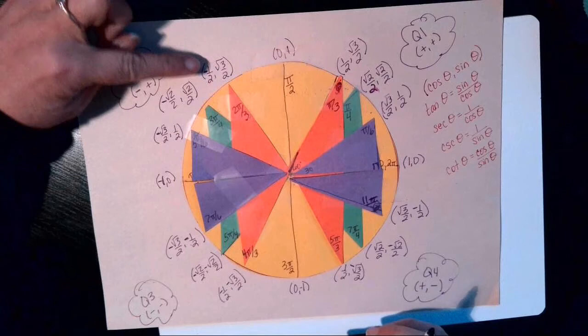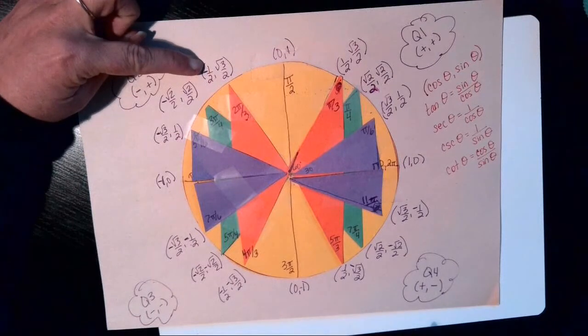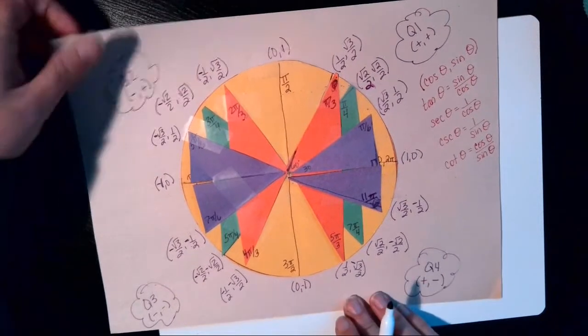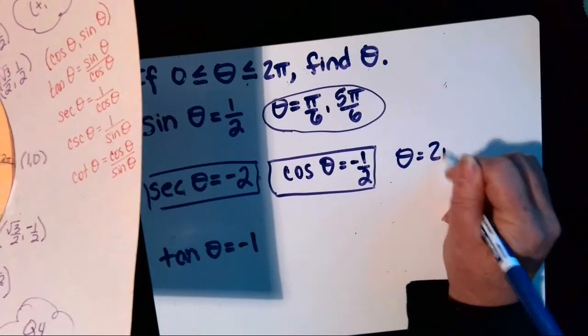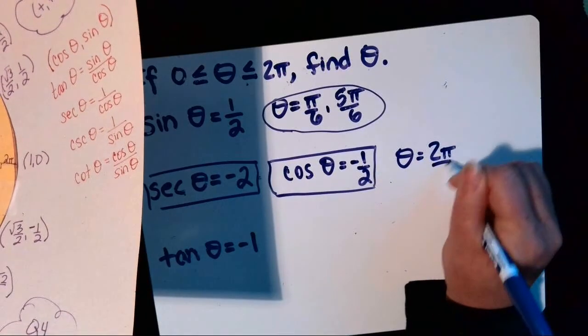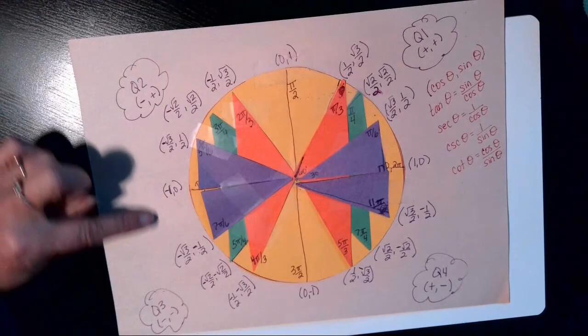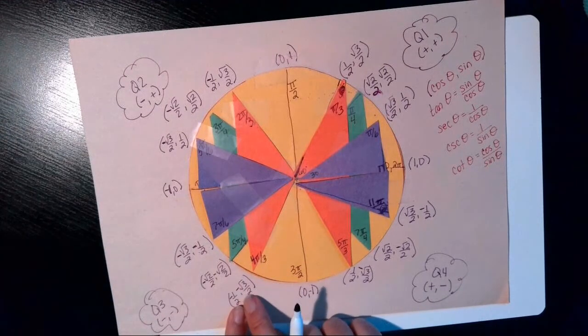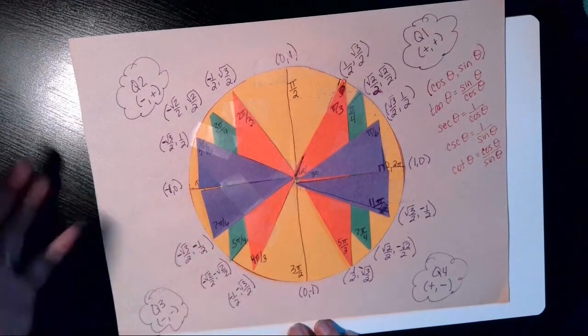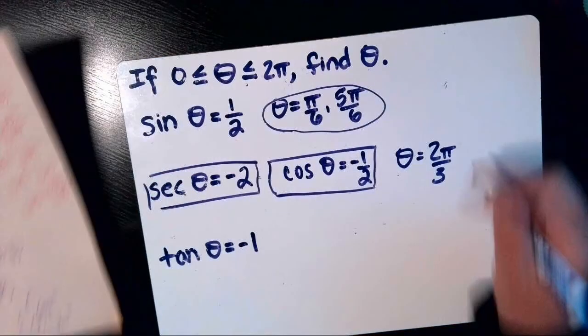-1/2 would be here at 2 pi over 3. So that would be a solution. Theta equals 2 pi over 3. And then as we keep going, where else do we have a -1/2? Right here at 4 pi over 3, right? 4 pi over 3 has an x-coordinate of -1/2.